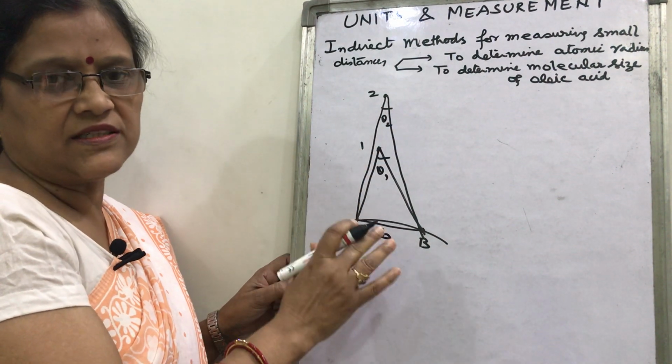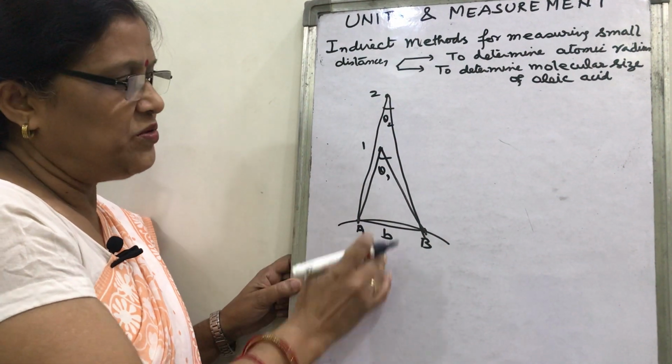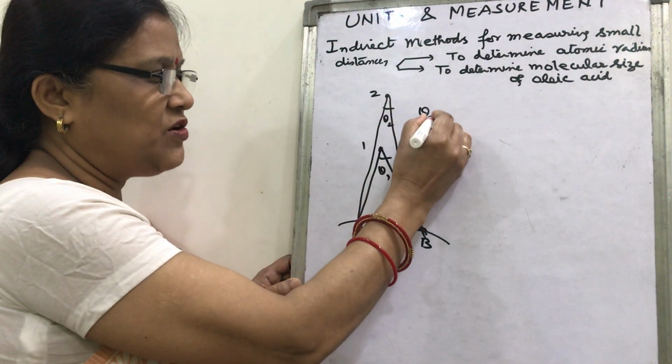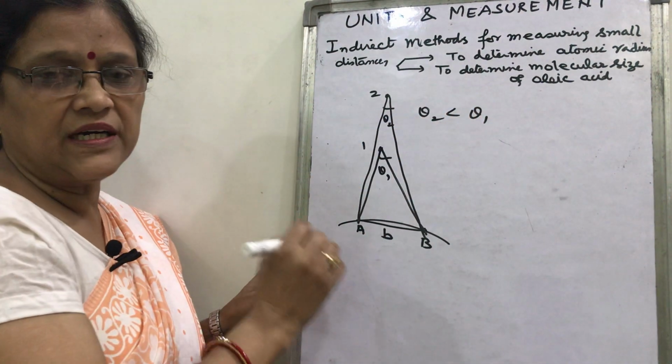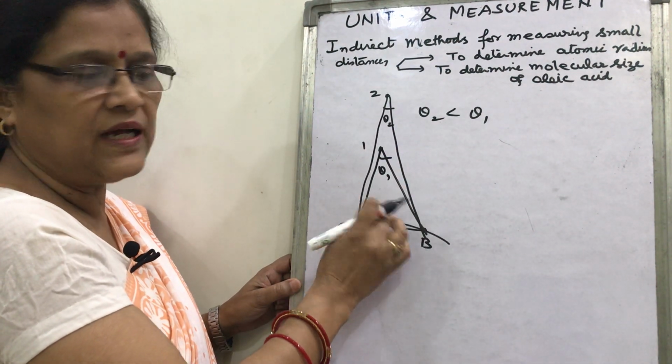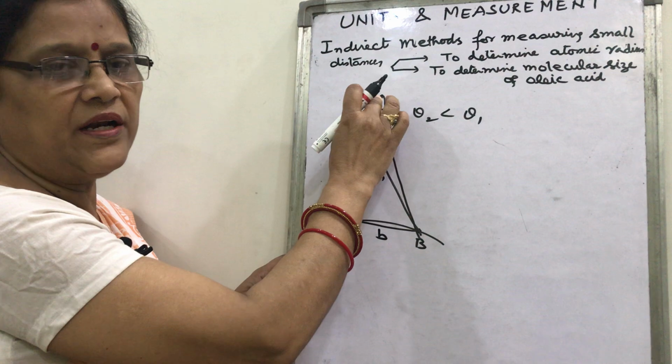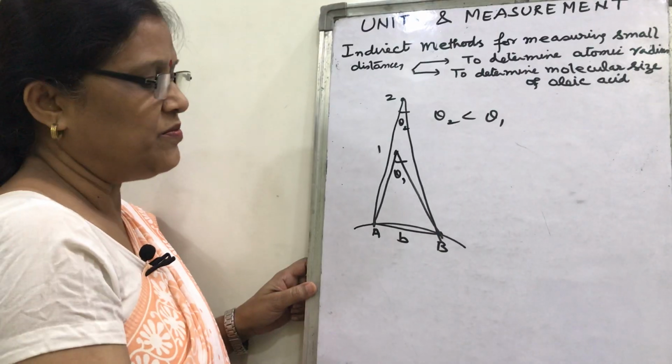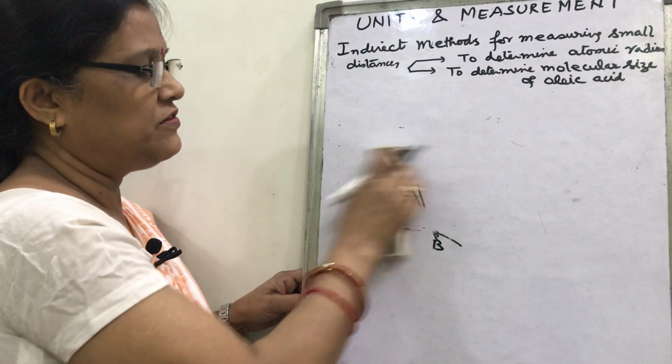Obviously, this is the question of 1 mark, but you can assess that theta 2 is less than theta 1, that is, parallax angle for the nearby star will be more as compared to the star or planet which is far from the earth. So in this way the questions are asked.